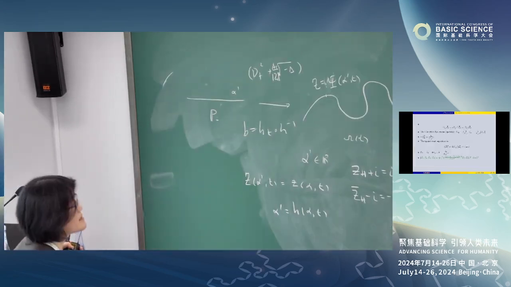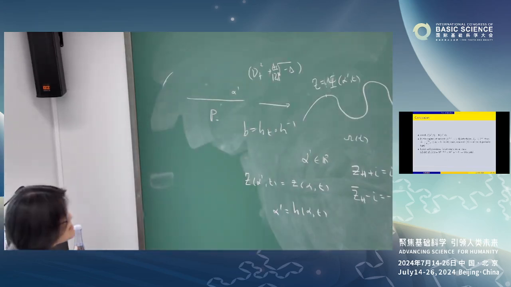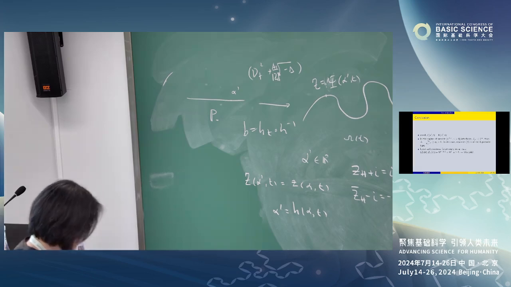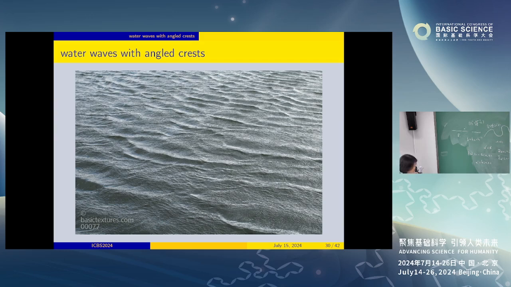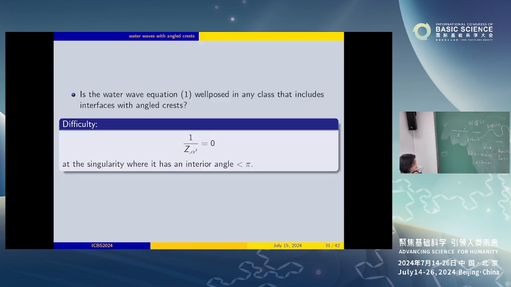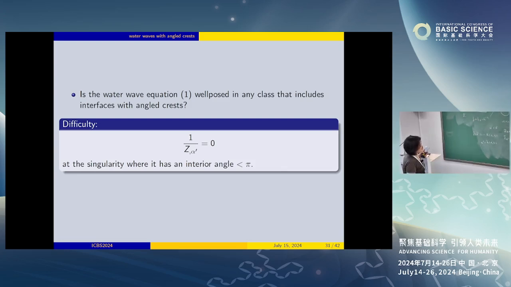Okay. So now we want to see an angled crest. What is really the issue if we want to deal with a singularity? Because when we deal with a singularity, 1 over Z_α has to be 0, right?